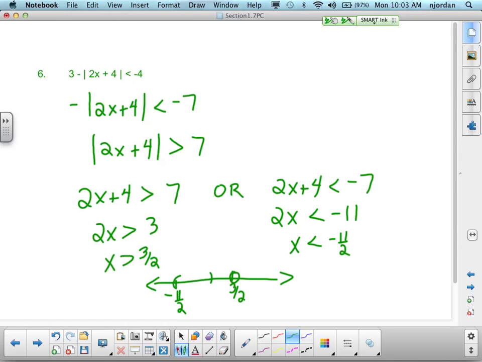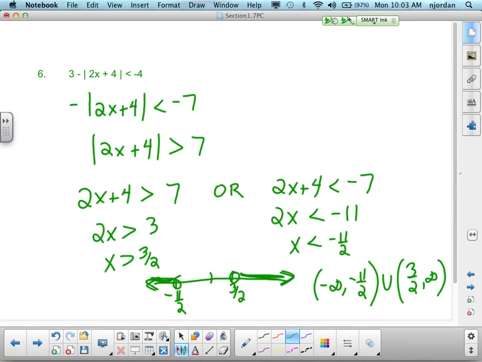Open interval at each of those, greater than 3/2, less than negative 11/2. In interval notation, we're going from negative infinity to negative 11/2, or positive 3/2 to positive infinity.